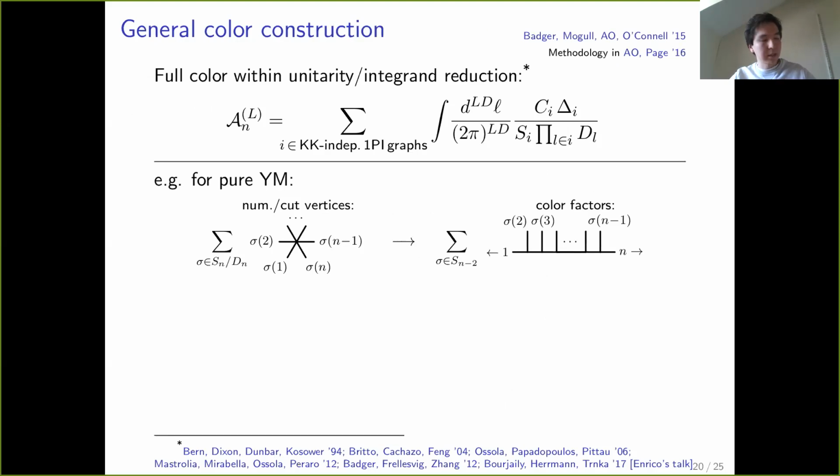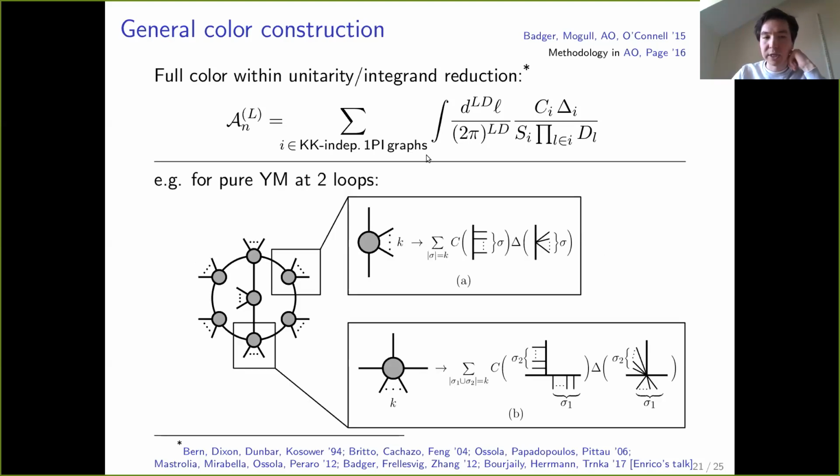This method works very seamlessly with unitarity within the integrand reduction framework, where every time you see some topology, a numerator topology or a cut topology, you can just blow it up with color factors that look like half letters.